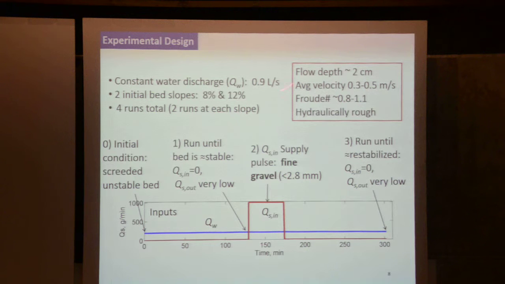And just some numbers for the flow conditions. Flow depth varied during the runs, but averaged about 2 centimeters deep. Froude numbers averaged a little less than 1 for the experiments.